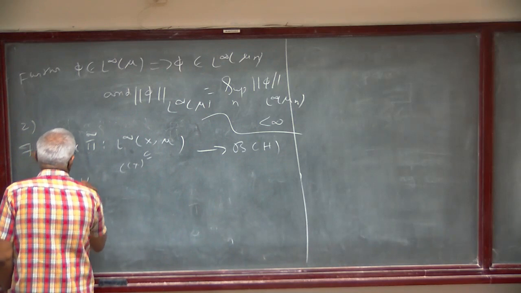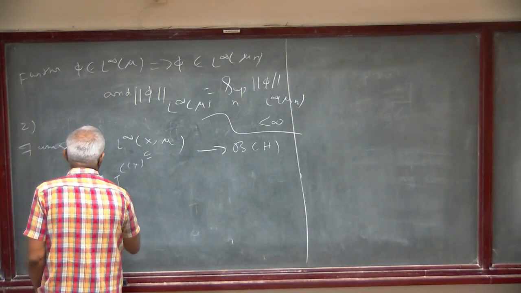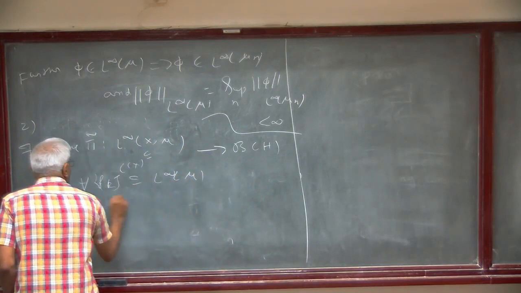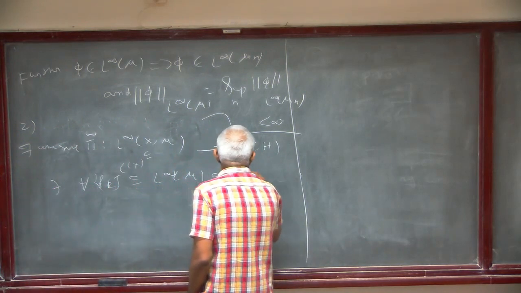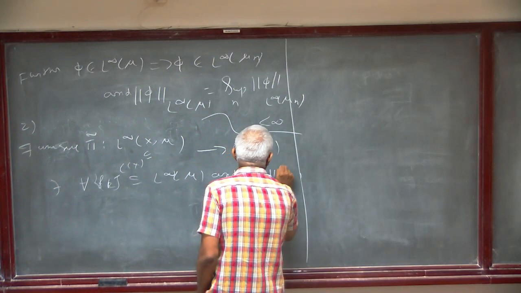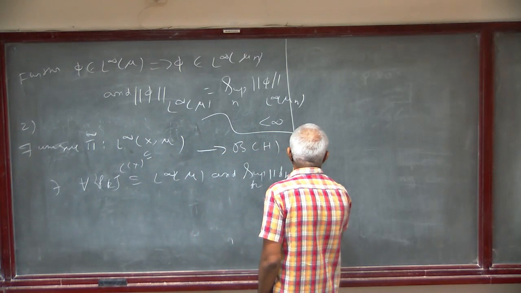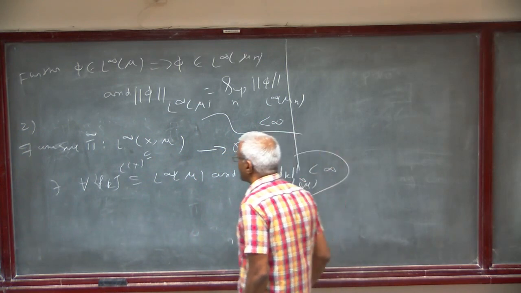The supremum over K of the norm of F in K, L infinity, is then finite.